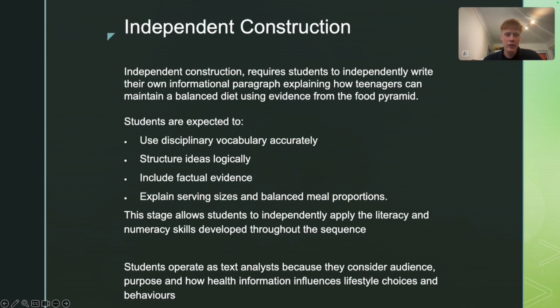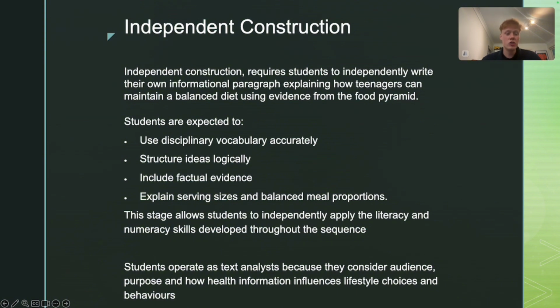Independent construction requires the students to independently write their own informal paragraph, explaining how teenagers maintain a balanced diet using evidence from the multimodal text. Students are expected to use disciplinary vocabulary accurately, structure ideas logically, include factual evidence, explain serving sizes, and balance meal proportions.